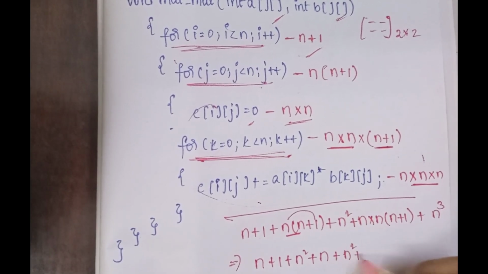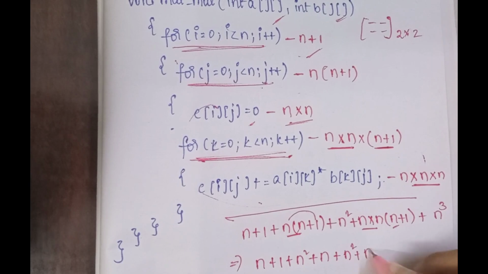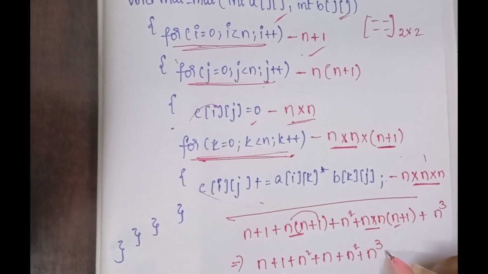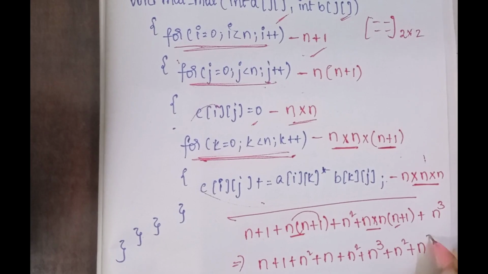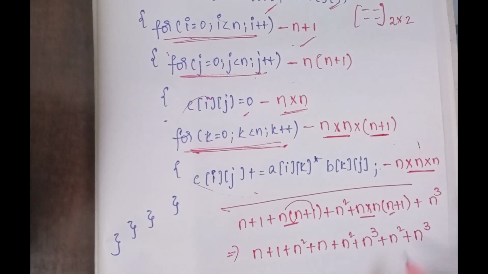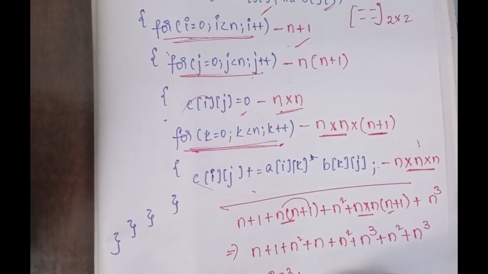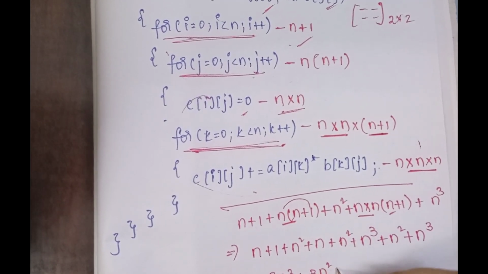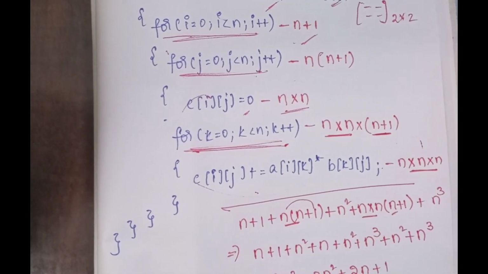Next n square plus n into 1, n is n square into n is n cube, n square into 1 is n square, plus n cube. So you are having now 2n cube plus 3n square plus 2n plus 1.